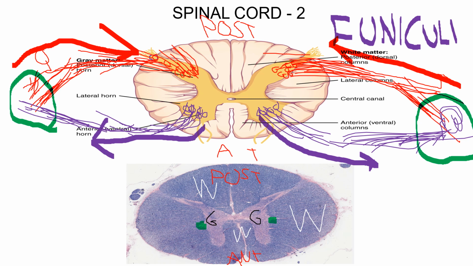This is what we call the spinal nerve, and almost every single one of them, 99% of them in your body, are mixed nerves. And what that means is it has a motor component and a sensory component. Don't believe me? Scratch your arm and move your arm at the same time. Are you moving your arm? Yes. Can you feel yourself scratching your arm? Yes.